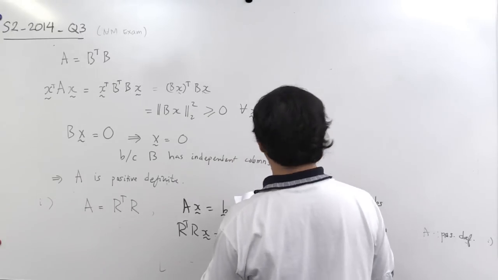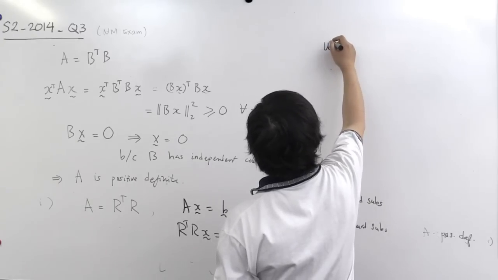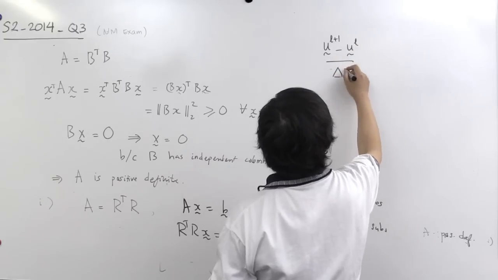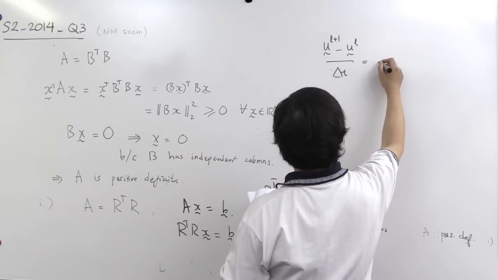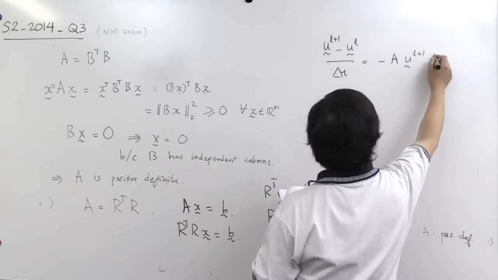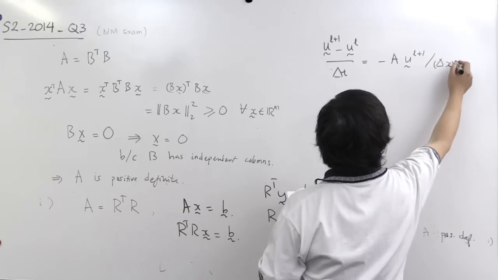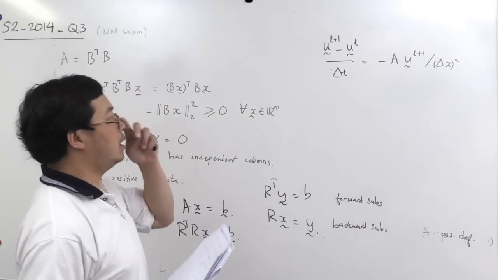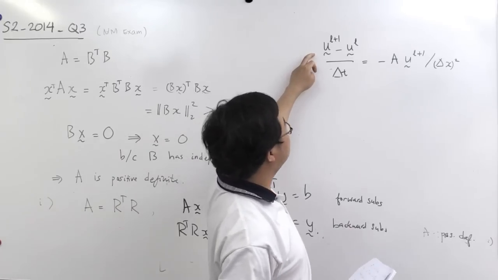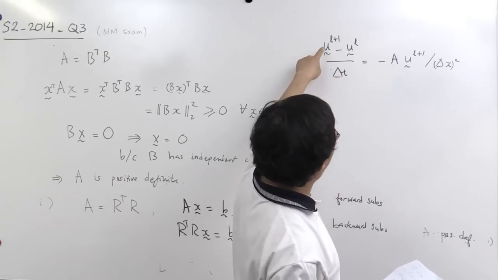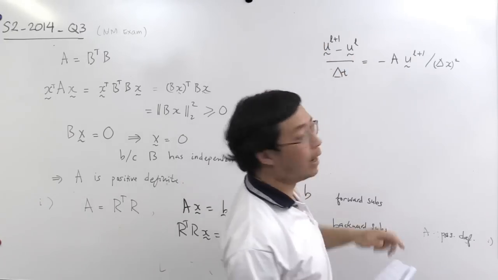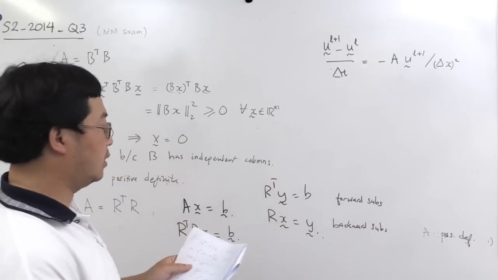On the left you have the discretization in time, and on the right you have the discretization in space. But now you see, in order to solve this, we have to rearrange so that on the left you have only U^(l+1), and on the right you have U^l. So we just rearrange it.